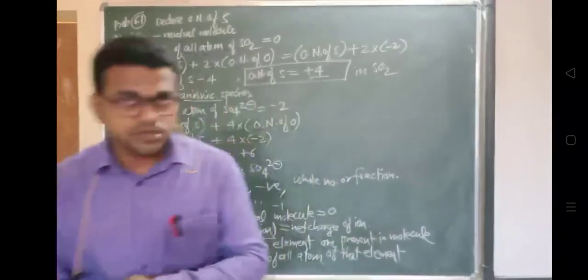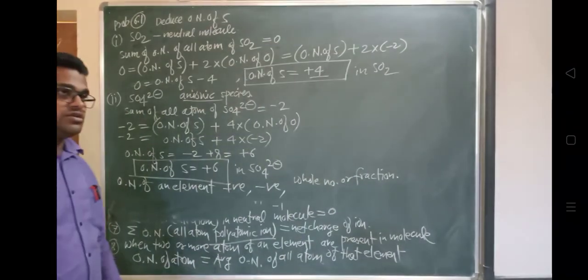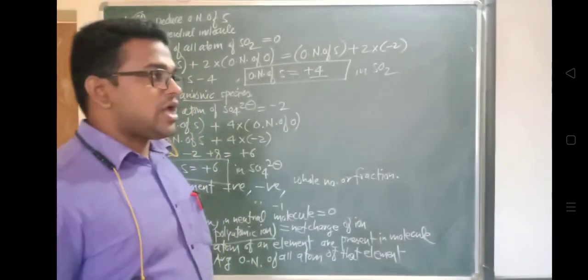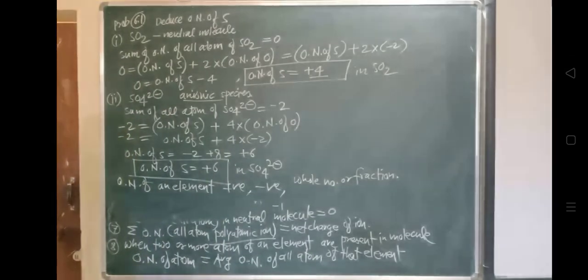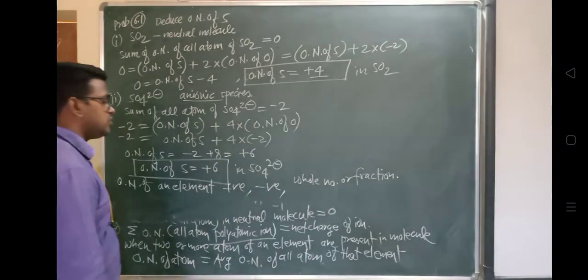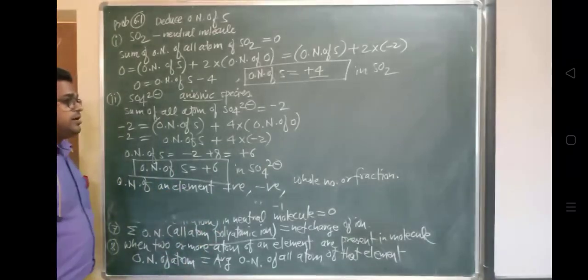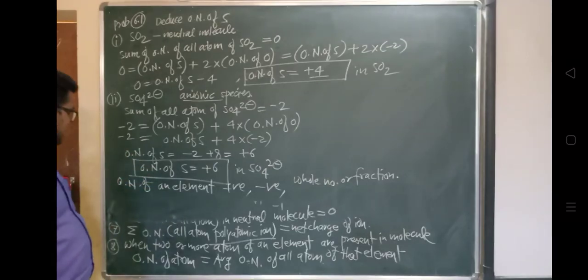To find the oxidation number, rules 1 to 5 are the general rules which describe the oxidation number of different atoms and how they behave when combined with different elements, whether metals, non-metals, or halogens. Rules 6, 7, 8 are just common rules.